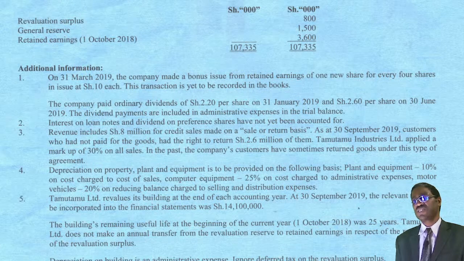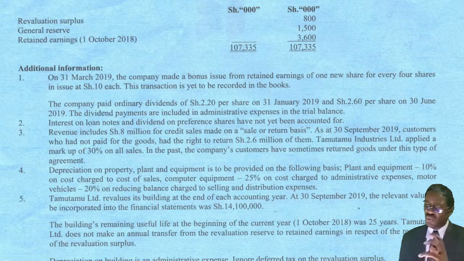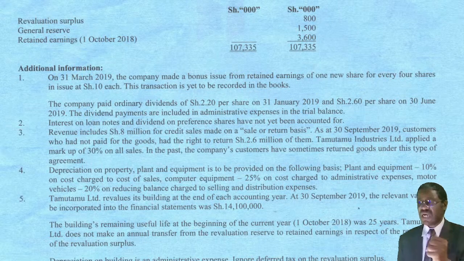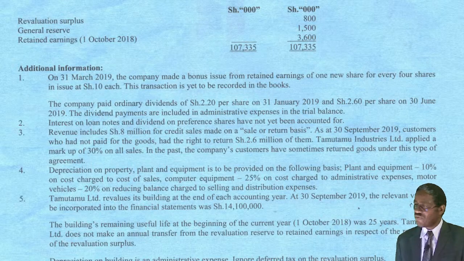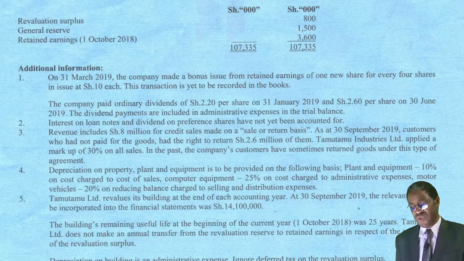dividend payments are included in the administrative expenses in the trial balance. I told you last time that treatment is wrong. Yes, whatever we shall get as the total dividend, this company has treated it as an expense under admin. But don't forget, ordinary dividends are normally not an expense.